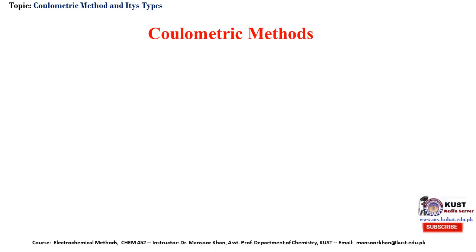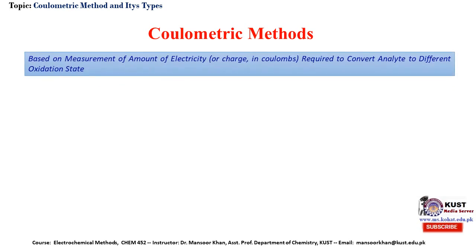So what is a coulometric method? It is a quantitative electroanalytical technique in which the amount of an analyte is measured by measuring the amount of electricity which is consumed to convert a particular amount of analyte present in one oxidation state into another oxidation state.